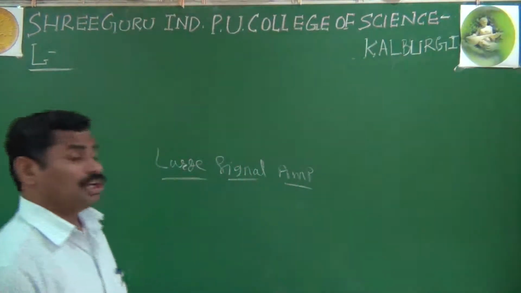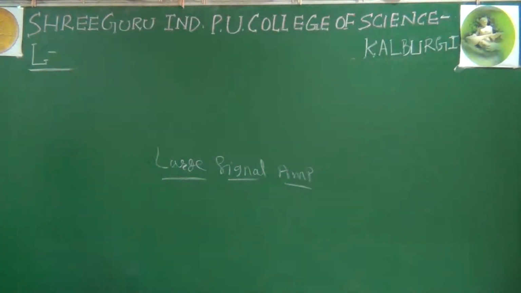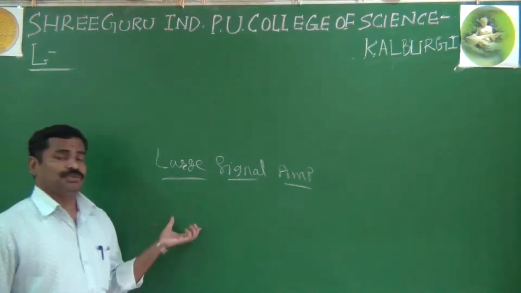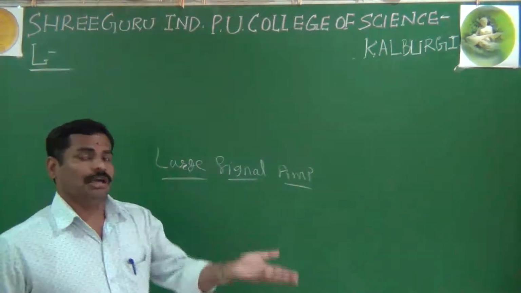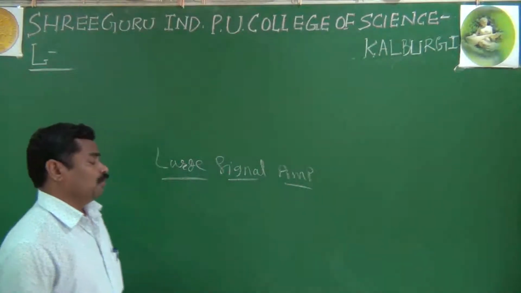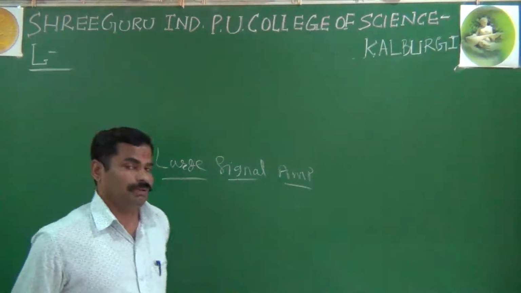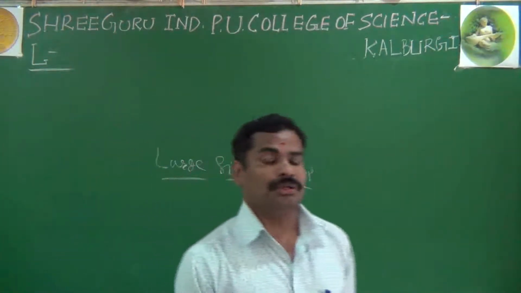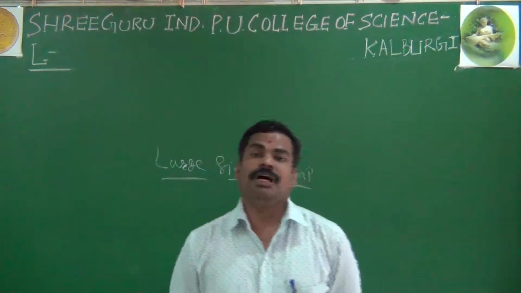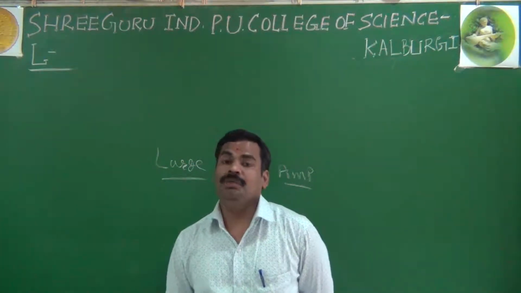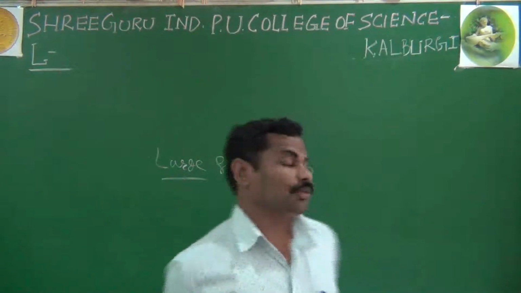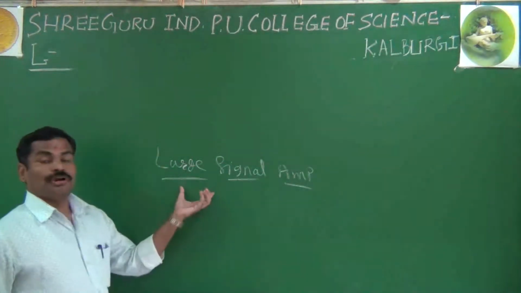And here, how large is large? Here also you are applying some input signal, and that input signal has some amplitude. That amplitude will be more than the Q point value of the transistor. That is what makes it a large signal amplifier.